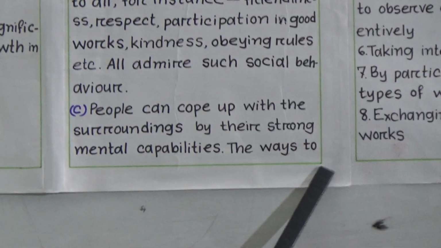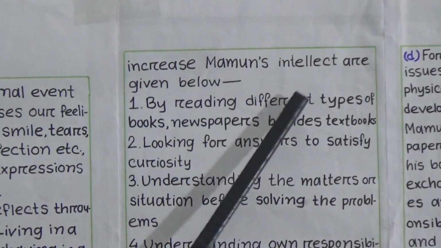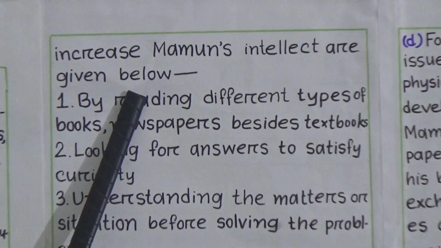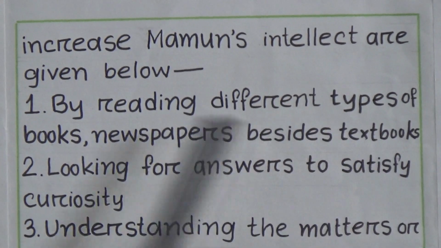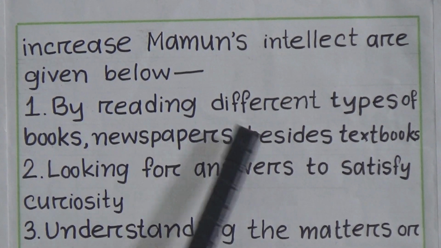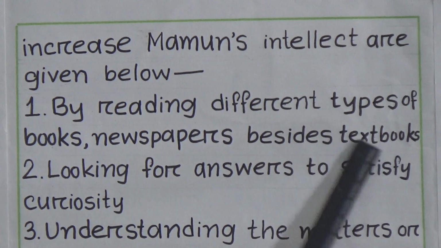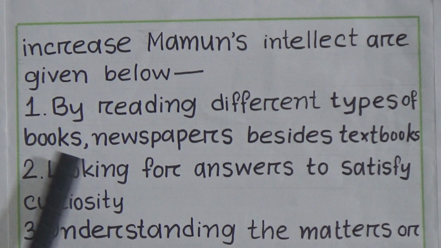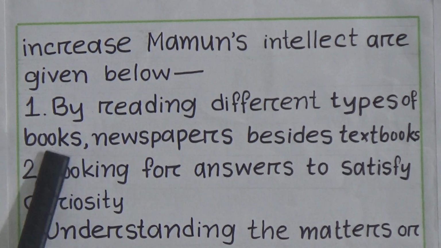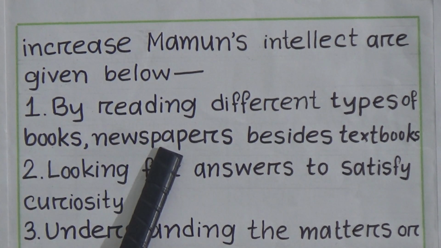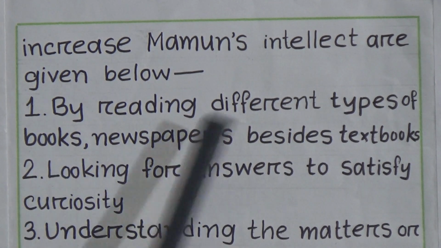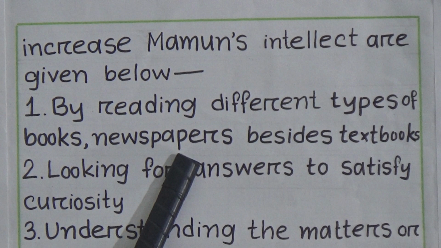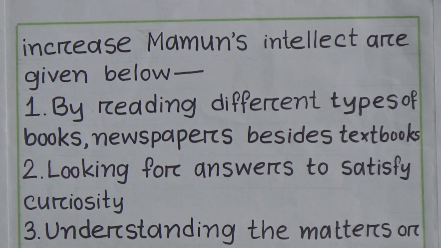The ways to increase Mamun's intellect are given below. Number 1, by reading different types of books and newspapers besides textbooks. It means not only textbooks, but you also have to read books and newspapers. If Mamun reads books and newspapers besides textbooks, he can increase his intellect.